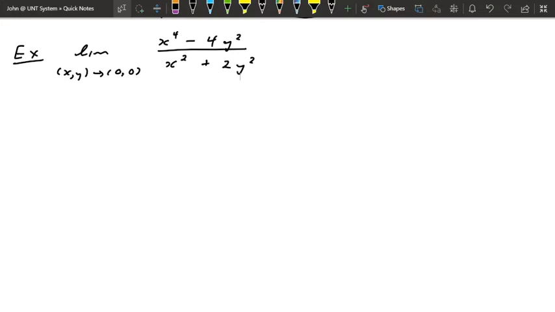If those limits are all the same, and by the way, you could also consider a mix of those, like the x-axis versus the y equals x line. So those 4 lines is probably enough to answer your question.